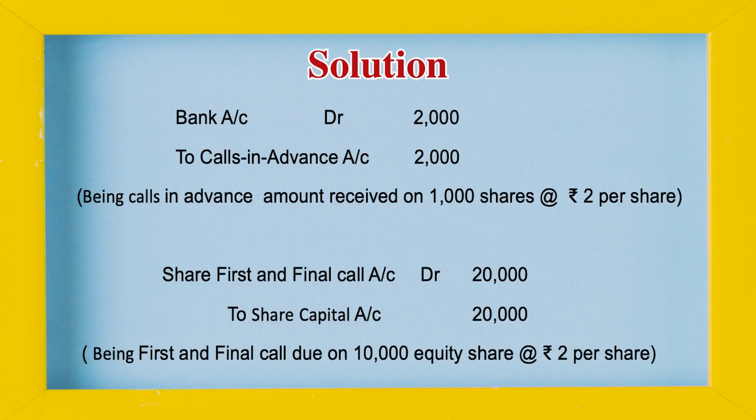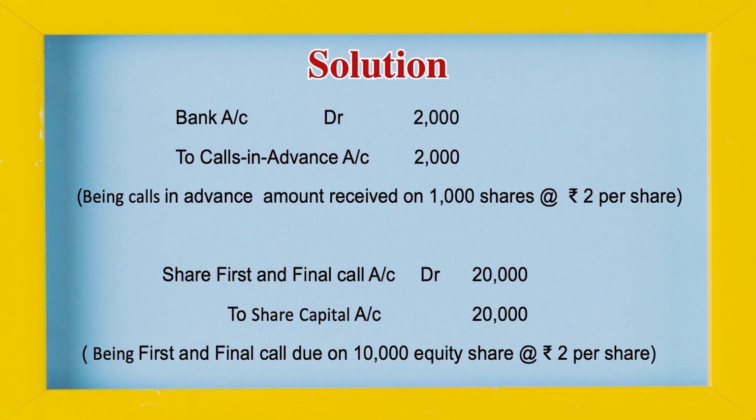Solution for the above problem: bank account debited rupees 2000 to call-in advance account rupees 2000. Narration: being call-in advance amount received on 1000 shares at the rate of rupees 2 per share. The second entry is share first and final call account debited rupees 20,000 to share capital account rupees 20,000.